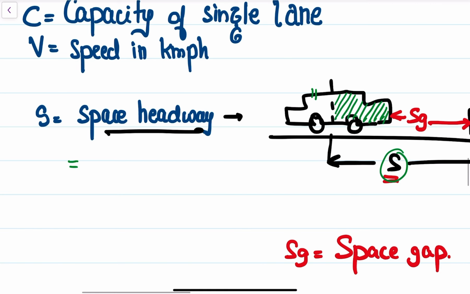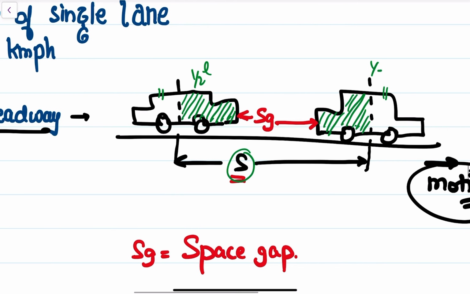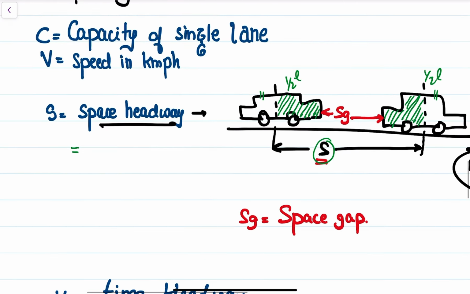So your space headway can be defined as half of L. Let's say L is the length of the vehicle, so L, half of this plus SG, right? SG is the space gap.